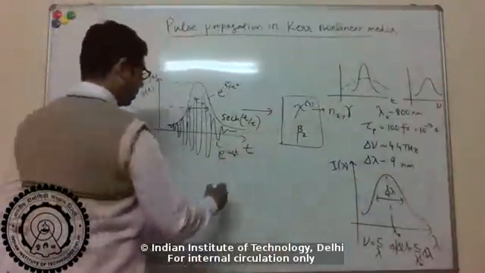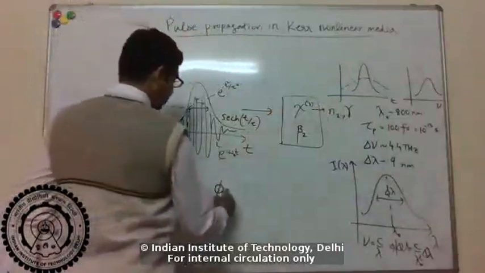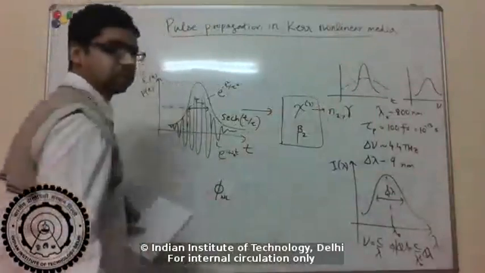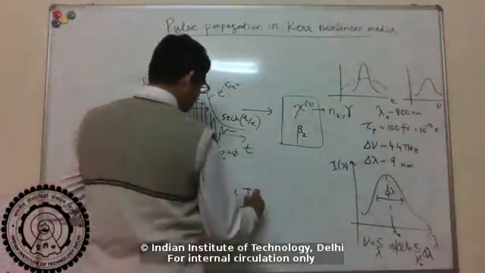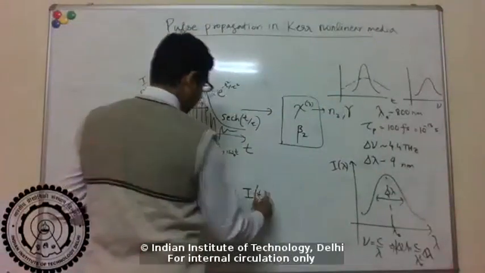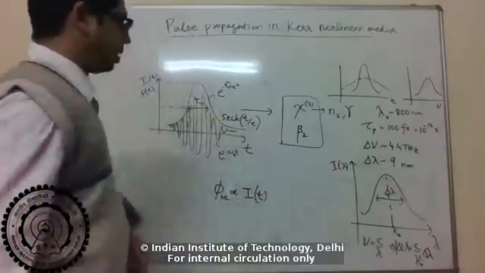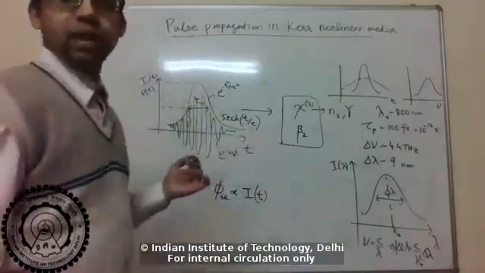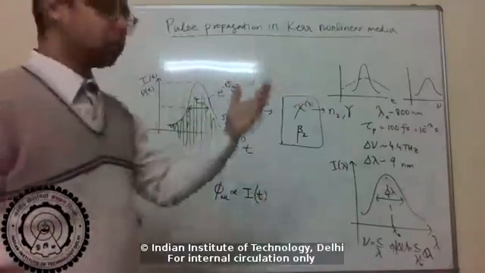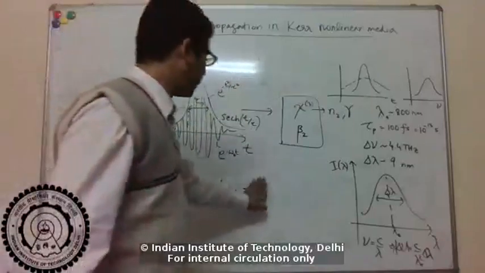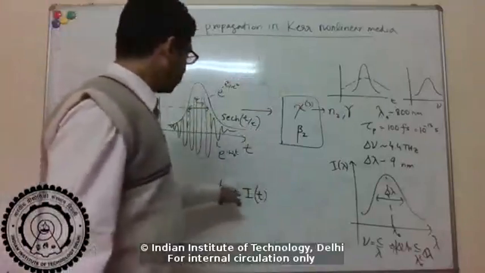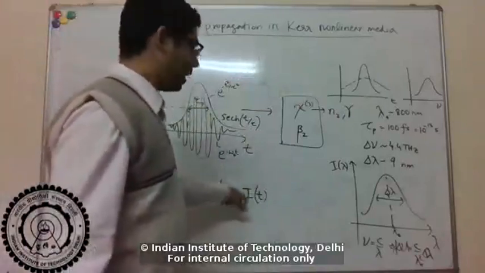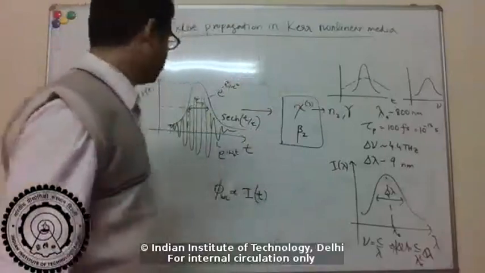So it acquires a nonlinear phase phi, which we know is proportional to the intensity. For monochromatic beams, which we've been dealing with so far, the intensity is constant, not a function of time, so we didn't have this t. We had something like n2 I here, or gamma P.